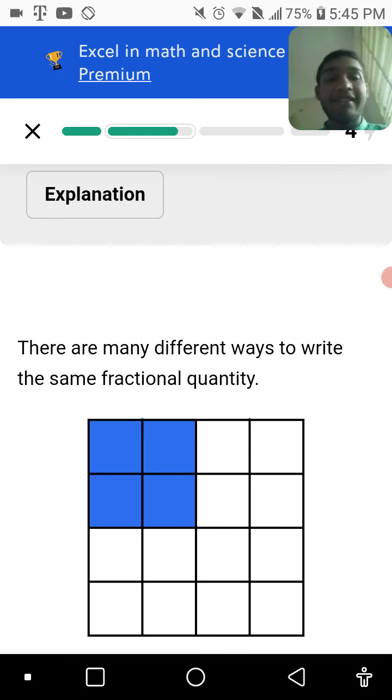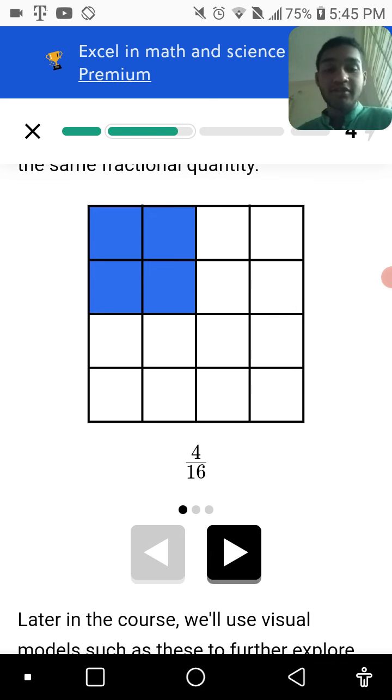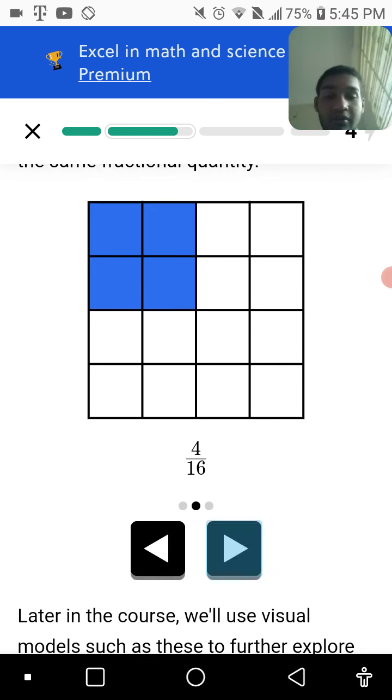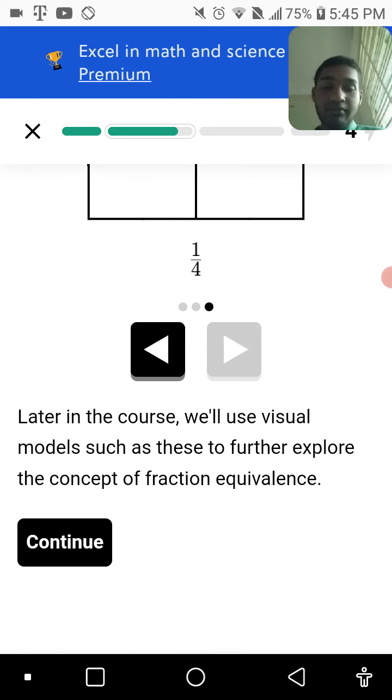Everyday Math always gives you something at your level, but you will also have fun doing those things. After that, there are many different ways to write the same fraction quantity. 1 by 4.